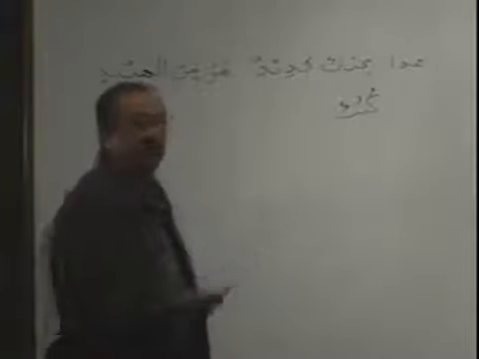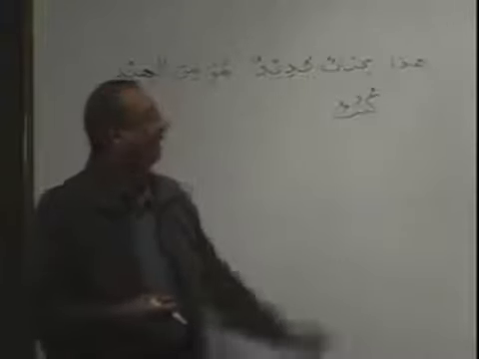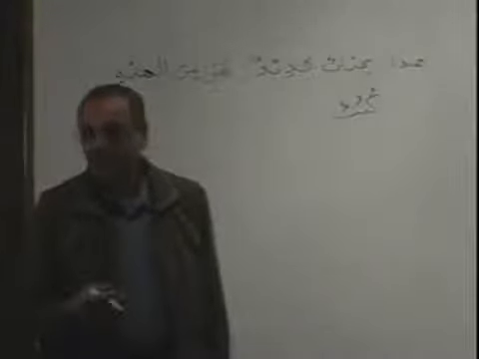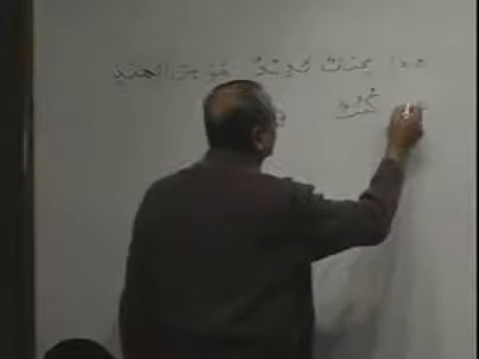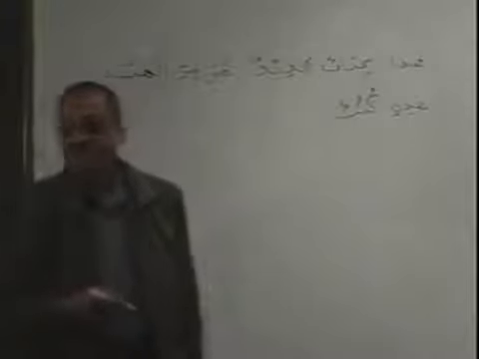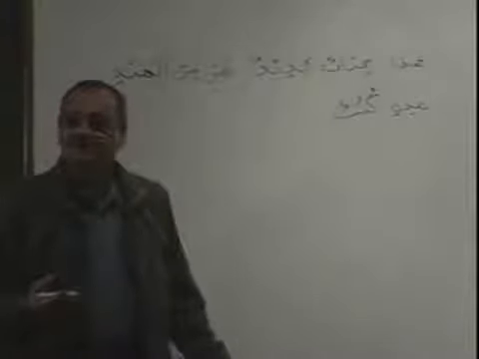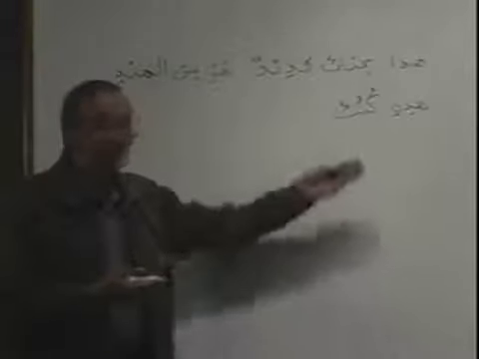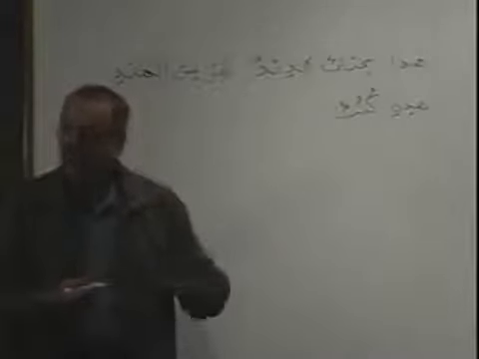Now, as we know, we use for jama Haza, Haulai, or Ulaika, things like that. But I am writing here Hadhihi. What happened? I am writing plural and then writing Hadhihi, which is for singular.